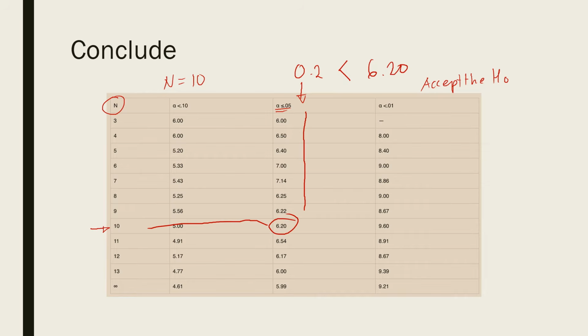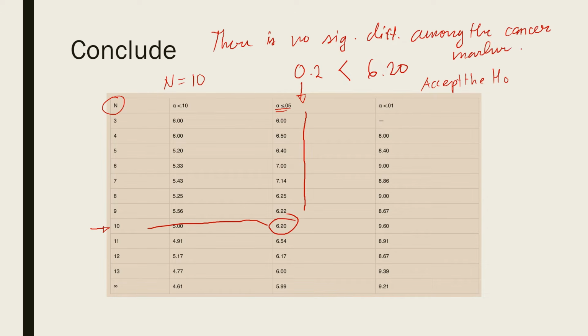And to put that in writing, simply put, there is no significant difference among the cancer marker levels from treatment 1 to treatment 2. Okay, so that is how you run the Friedman test.